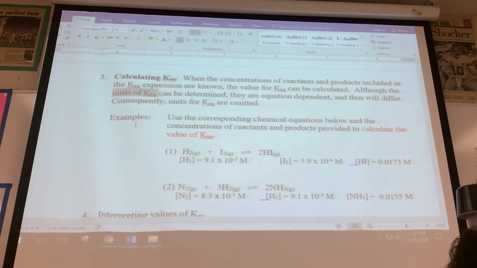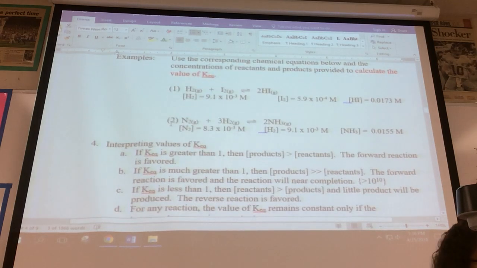So KEQ will be a number, not a quantity with a unit. Use the corresponding chemical equations below and the concentrations of reactants and products provided to calculate the value of KEQ. And we'll take a look at this first example.